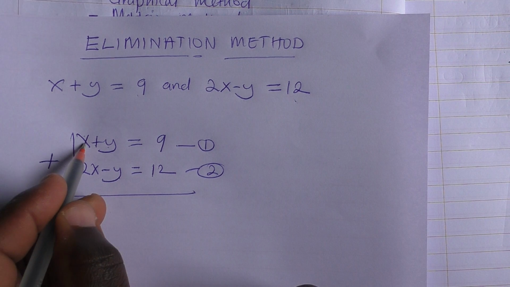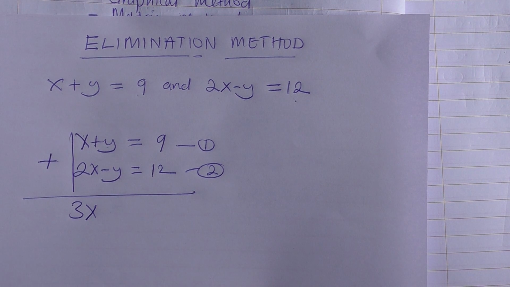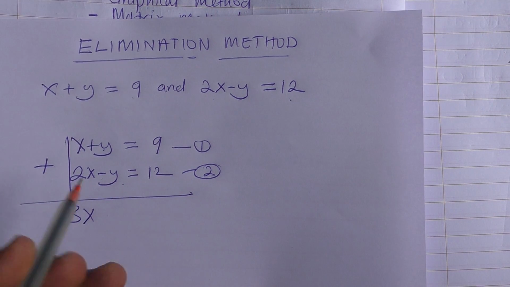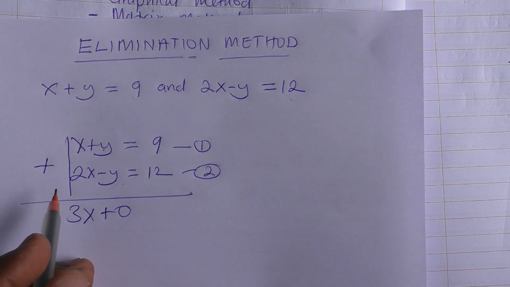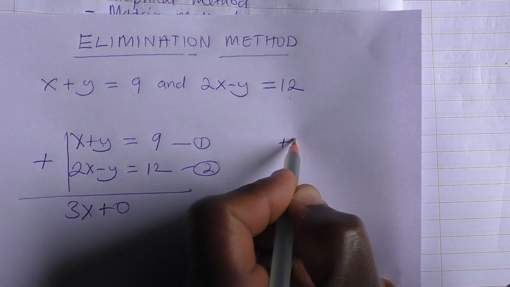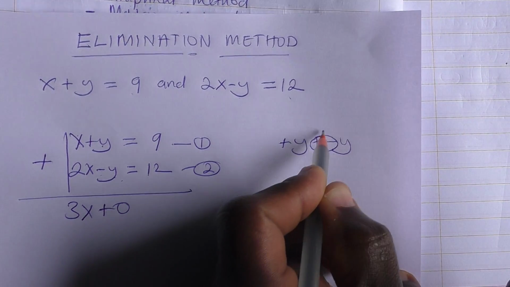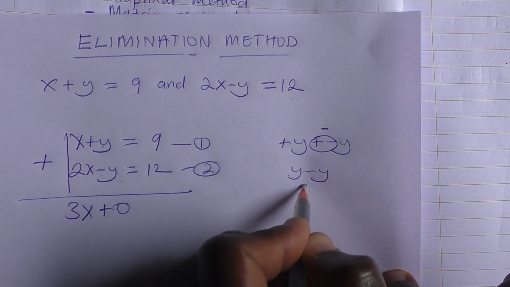That is, if I add x and 2x gives me 3x. Positive y plus negative y gives me 0.